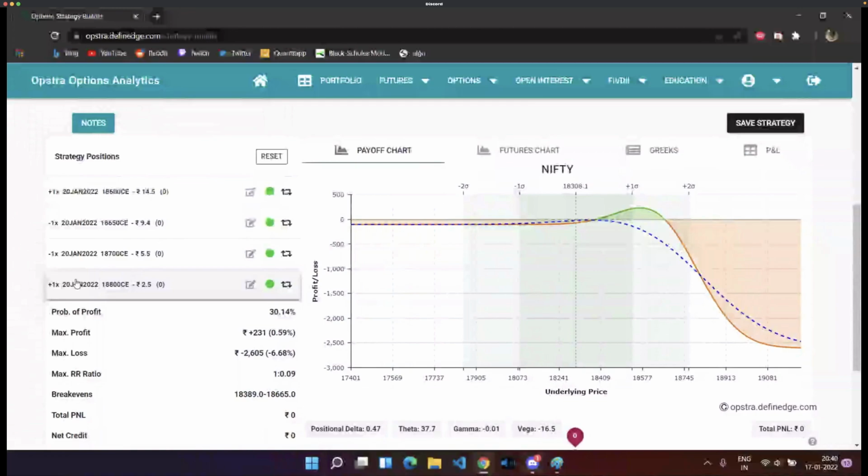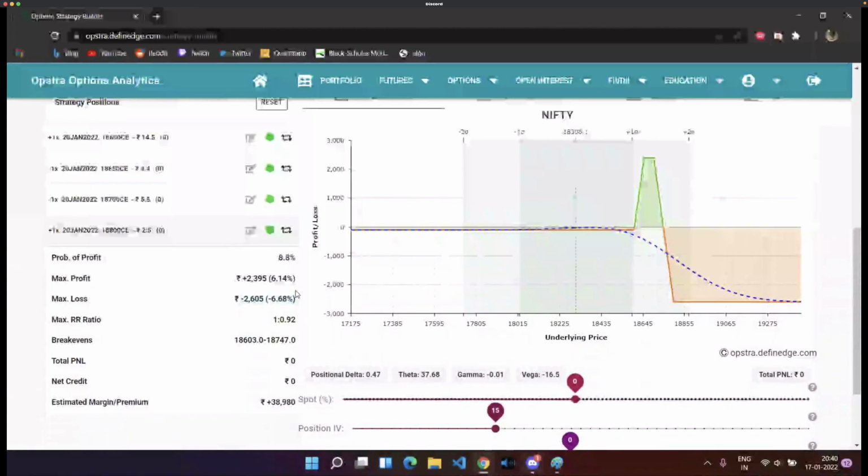Here your assumption is that market will move a lot. But in this case, your maximum loss will increase a lot if market moves a lot.